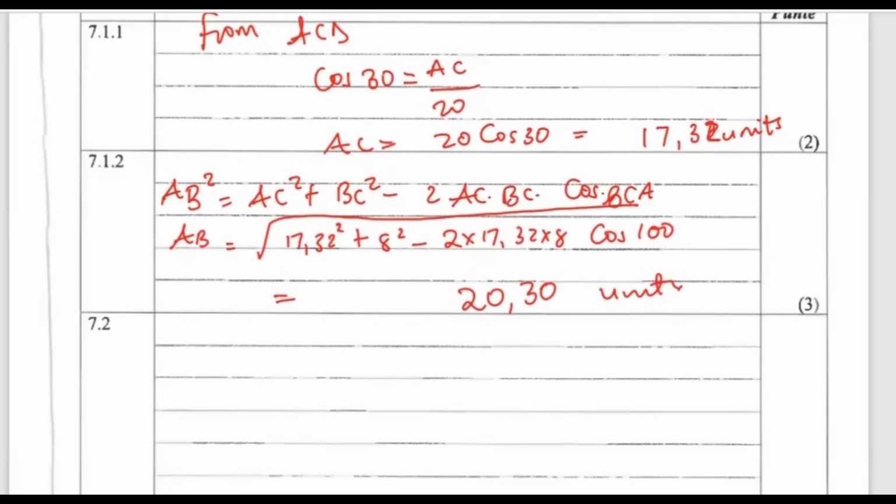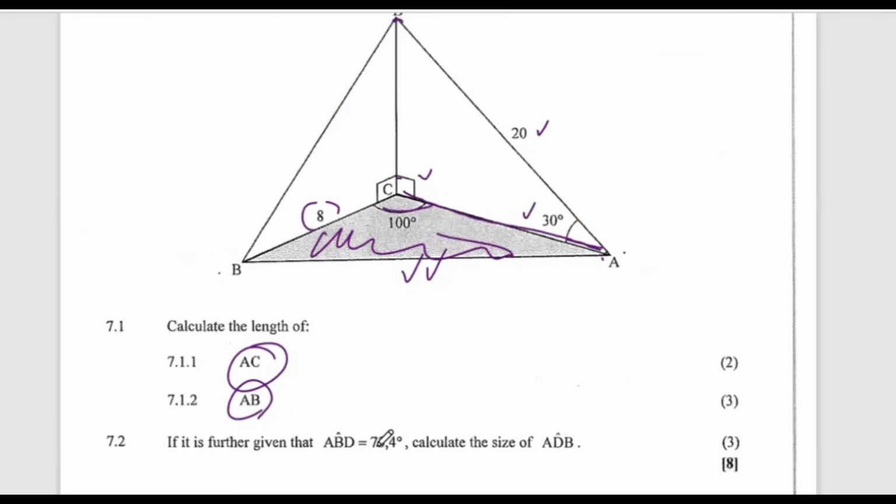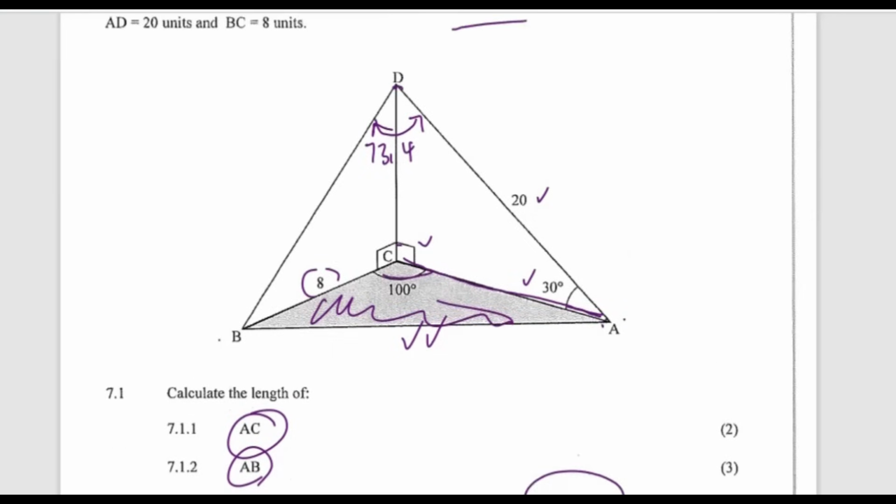Okay, now 7.2. It's further given that ABD, all of this, is 73.4, and we find the angle AD. Wait, that's not true.